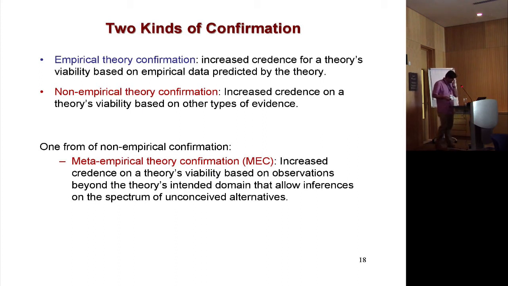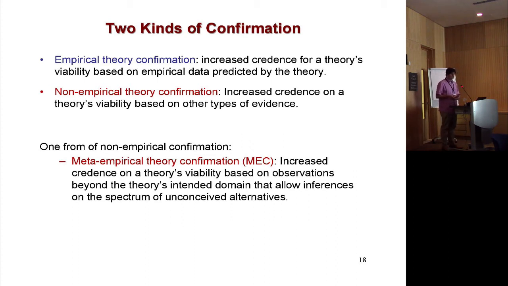So the idea is the following. We have empirical theory confirmation that clearly, seen from a Bayesian viewpoint, increases the credence for a theory's viability based on empirical data that is predicted by the theory.